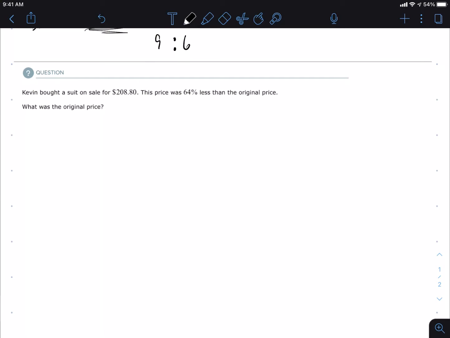So we're gonna say X is our original price. Okay. X is our original price. If it's 64% less, that's going to give us what the discount would be, right?